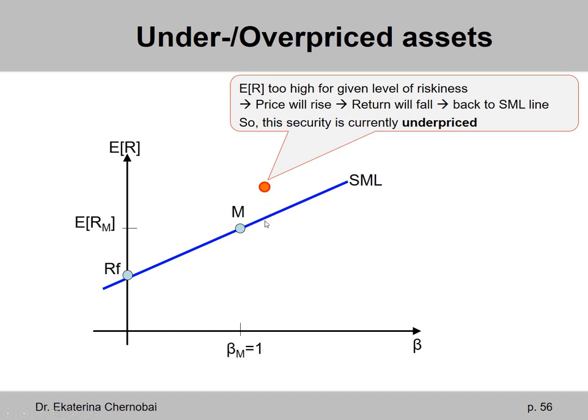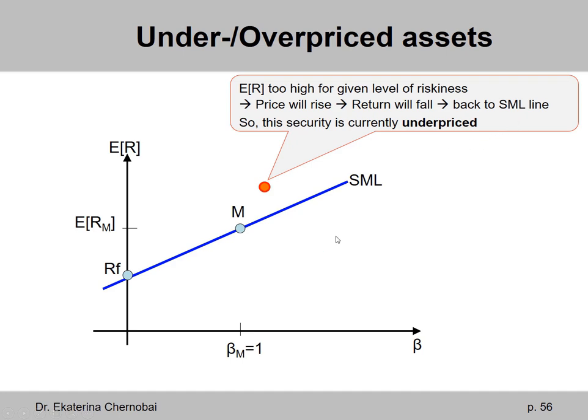And this is where the market equilibrium will occur. And so the fact that currently the stock has a better return than it should implies that the price is too low. And we say that this stock is currently underpriced. So above the line, underpriced.